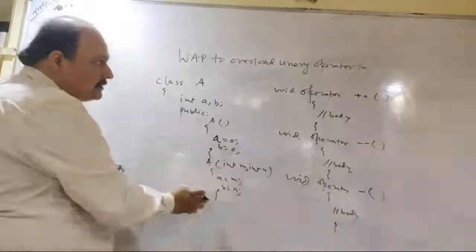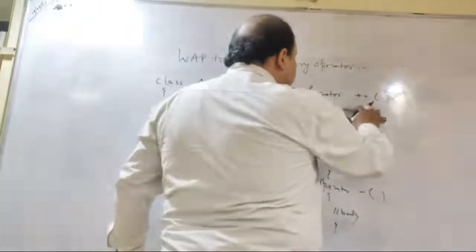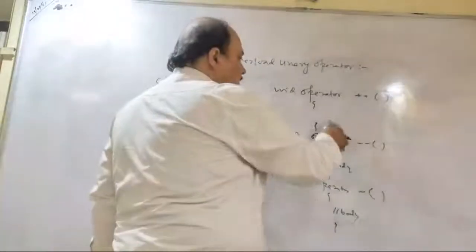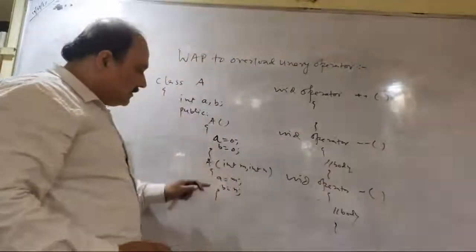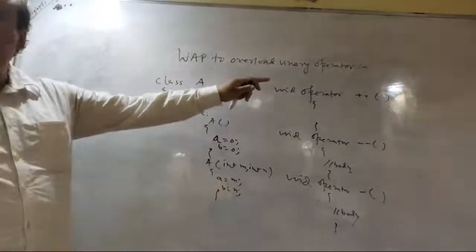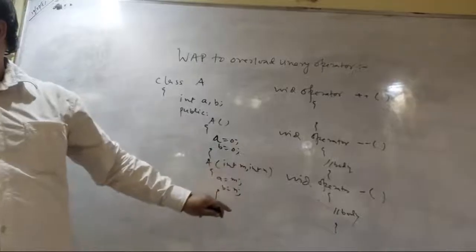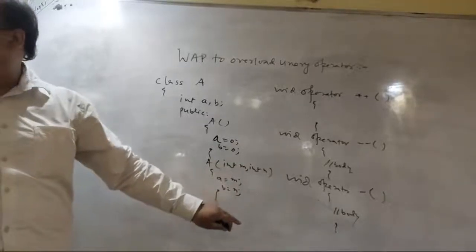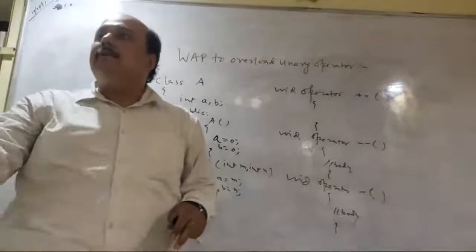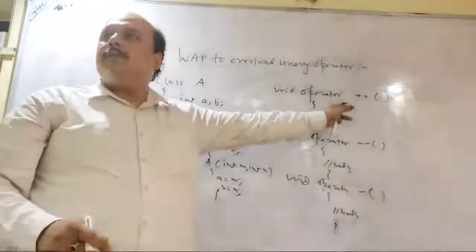After writing this, we think about the operator plus plus, and what types of changes occur inside this operator function. Just see, we have two values, A and B. We have to use plus plus to increment the value of this object by a factor of 1. So whatever value of A and B we have, we want to enhance it by a factor of 1 with the help of this unary plus plus operator.